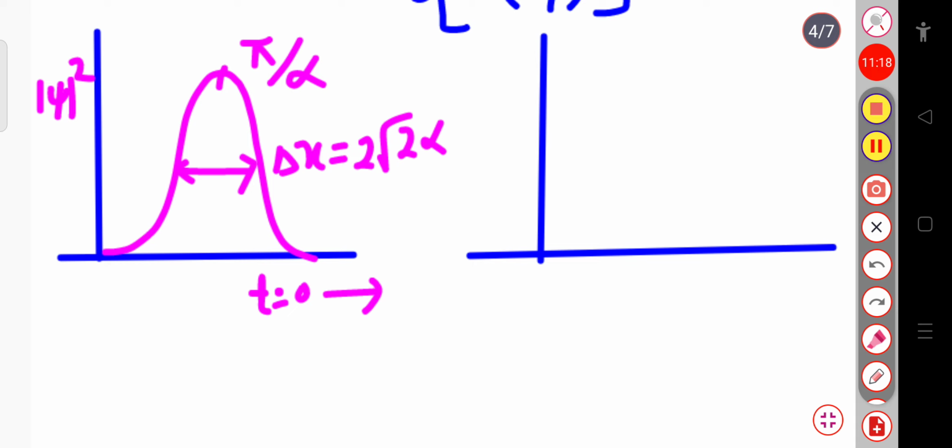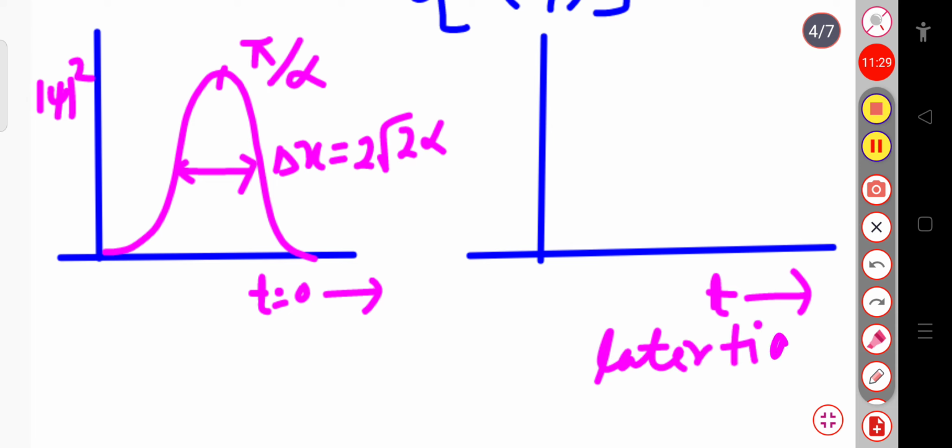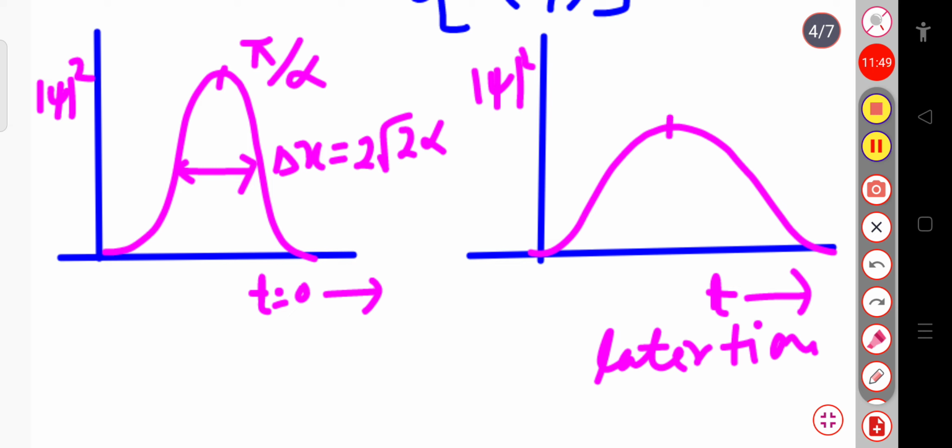Now at a later time t, if I calculate this mod psi square, you can see that it gets flatter. As time goes on, this modulus psi square gets flat, and its peak value is pi divided by root over of alpha square plus beta square into t square.